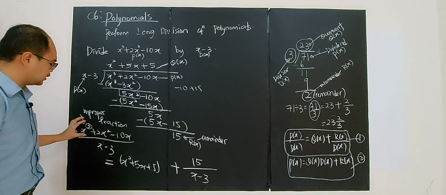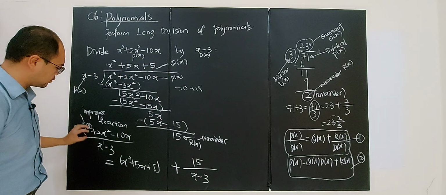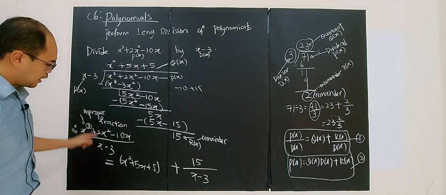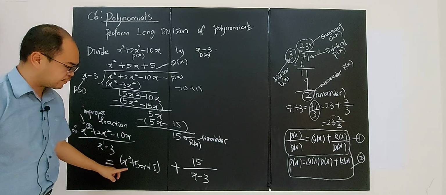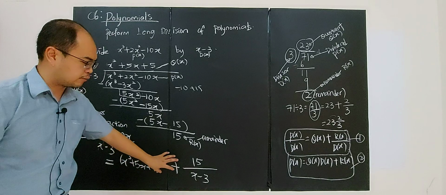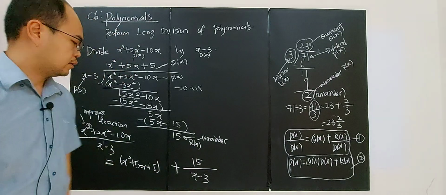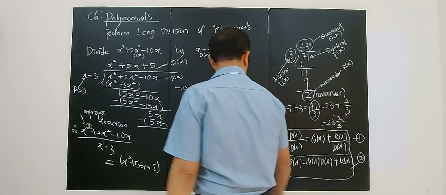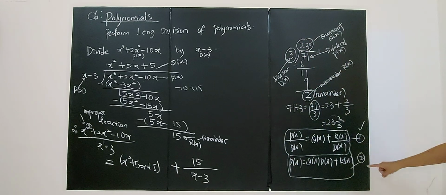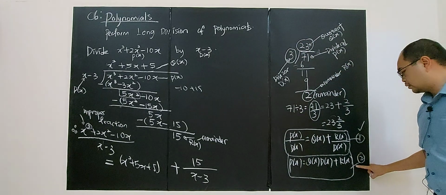Right? After you do long division, the improper fraction becomes a proper fraction, which is a quadratic added with the remainder fraction. So this is the first form. You can write your answer in this form.